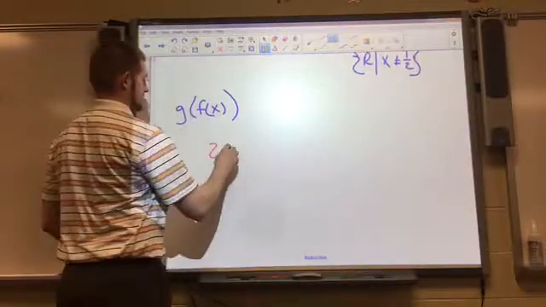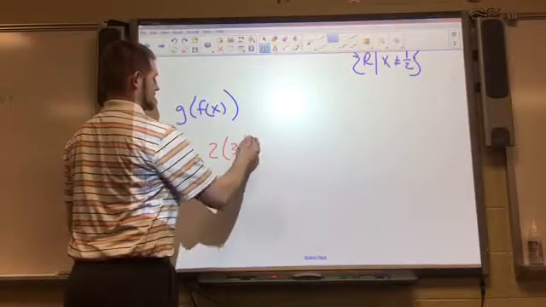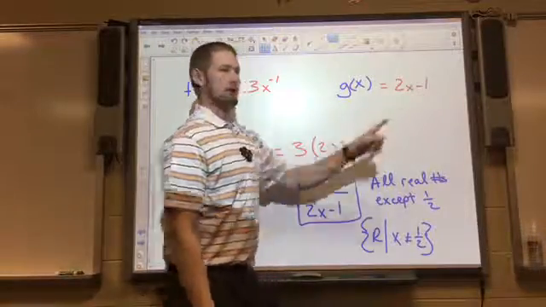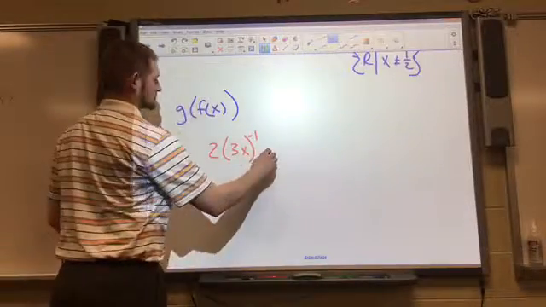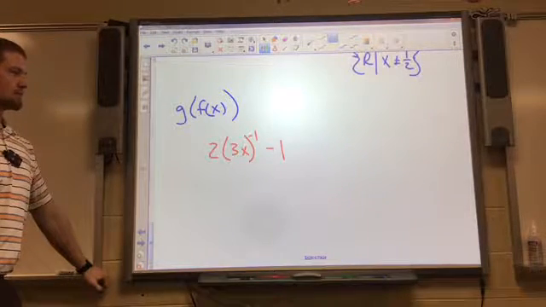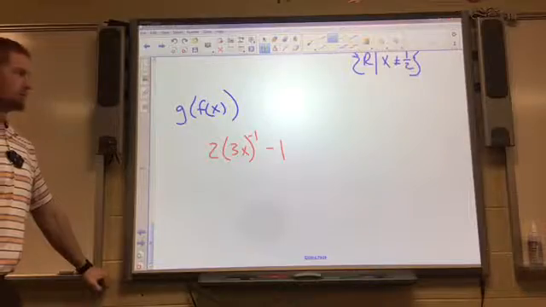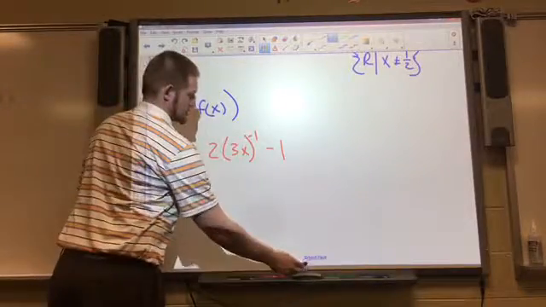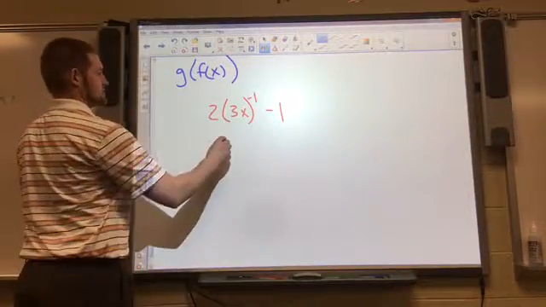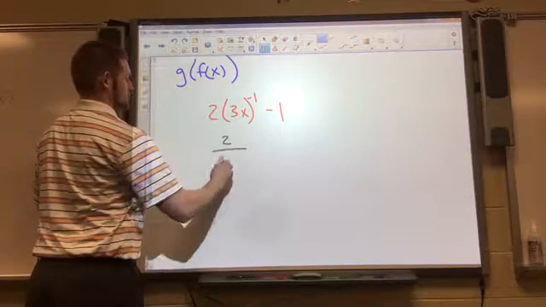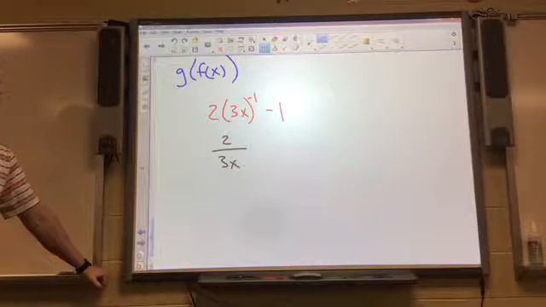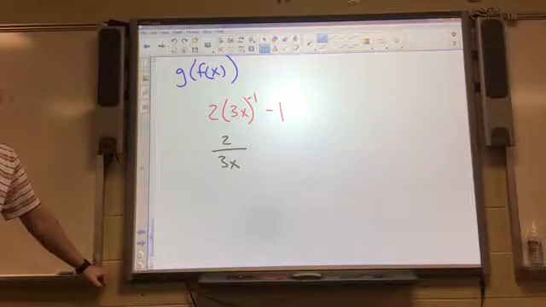So I plug in 3x to the negative first, and then I need to finish out my g of x, minus 1. So this is a little bit more difficult because I can't quite do the same things that we just did, because I have that minus 1 on the back. But can I still write this as 2 over 3x? Yeah, that's okay. And then what? Minus 1.